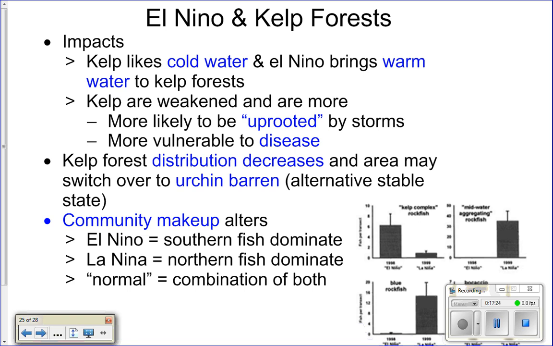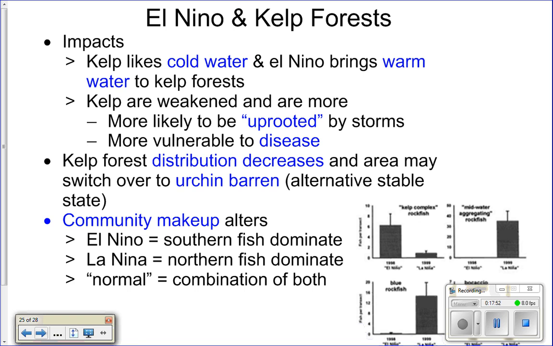That makes them more vulnerable to disease, just like you're more vulnerable to getting sick when you're tired and stressed out. They're also more likely to be uprooted by storms because they're weaker. When the storms come from El Nino, because we get lots of storms from El Nino, those kelp are more likely to get pulled up and uprooted.